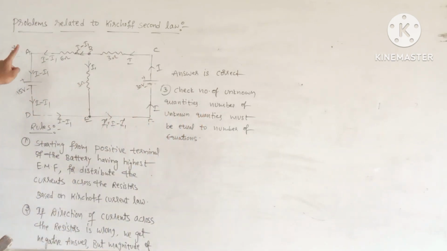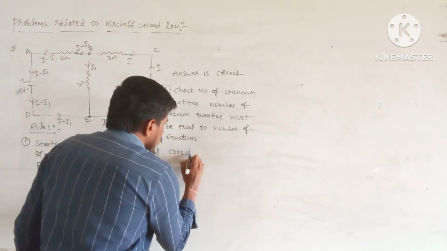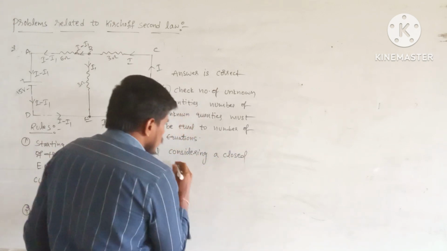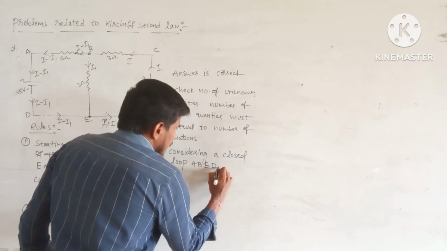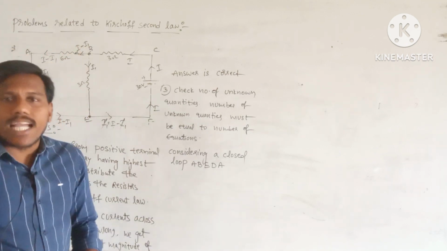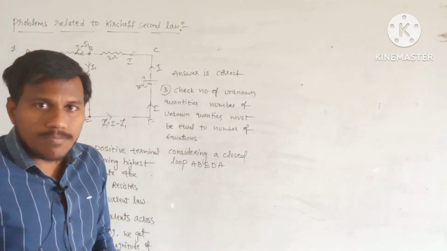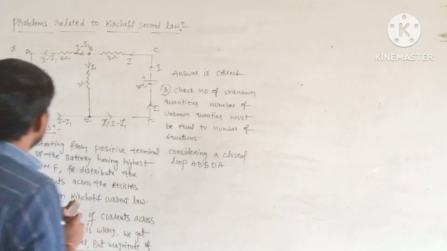One closed loop is A, B, E, D, A. Considering the closed loop A, B, E, D, A, based on sign conventions we will try to write the equation for this closed loop.